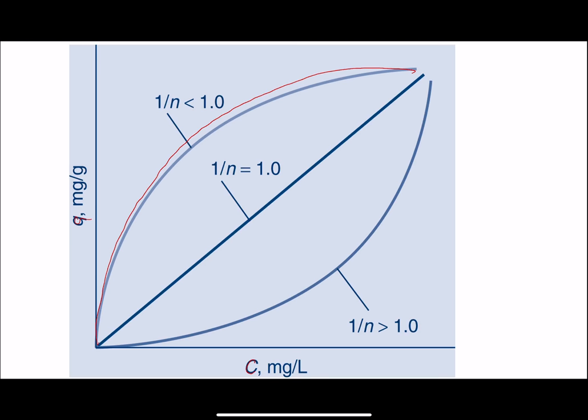If 1 over n is equal to 1, that's going to be a straight line. If the graph is going concave up like this, then 1 over n is greater than 1. So 1 over n is greater than 1, less than 1, or equal to 1.